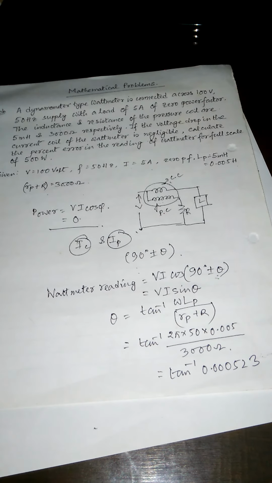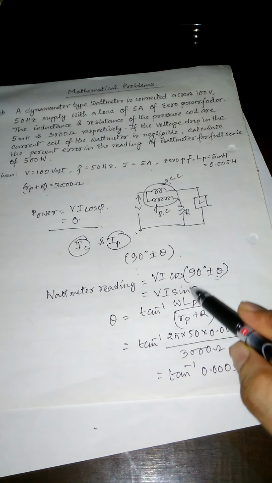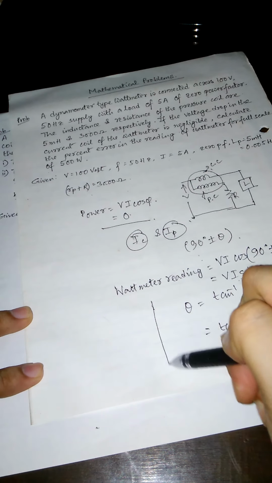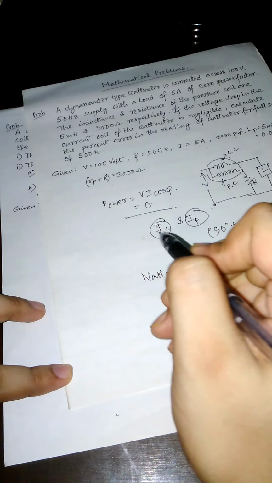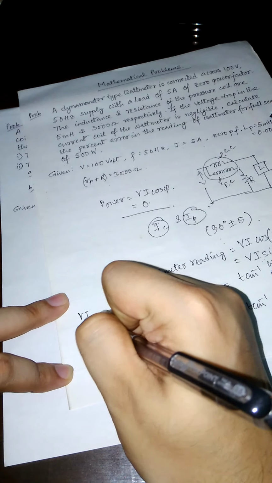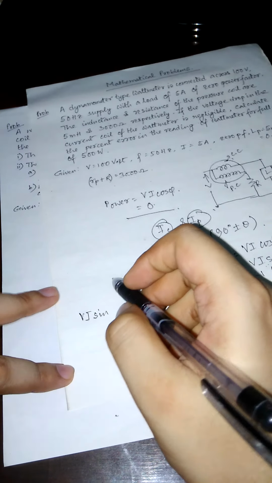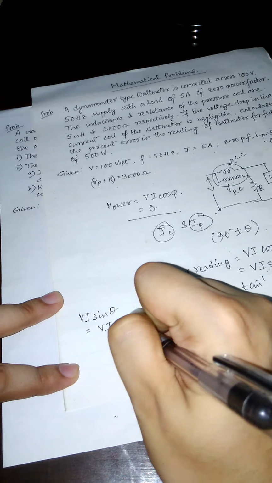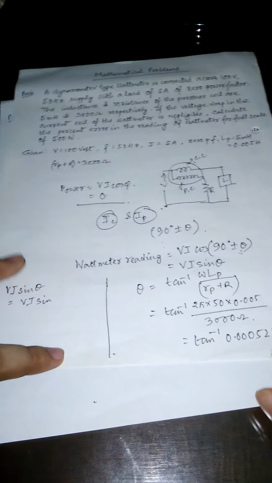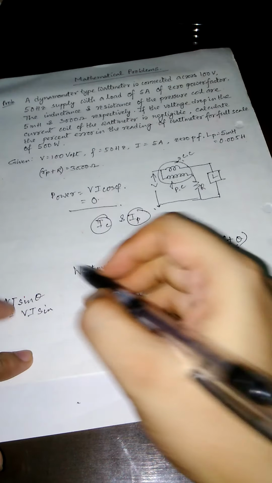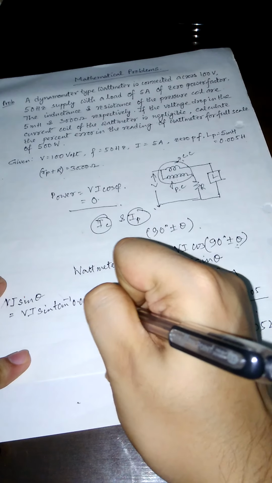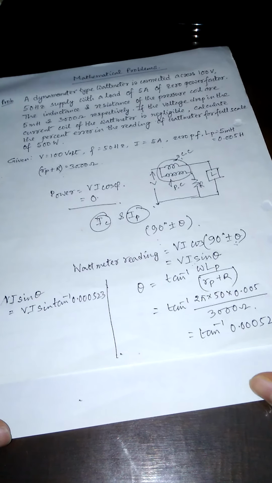Now if we consider this value of theta in the formula of wattmeter reading, VI sin theta, that means VI sin of tan inverse of 0.000523.